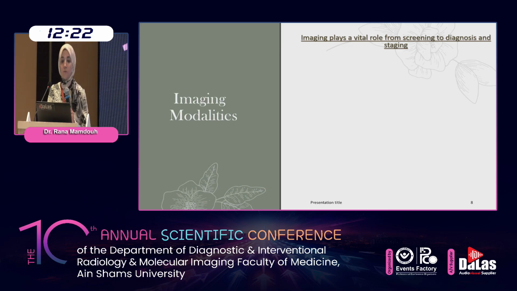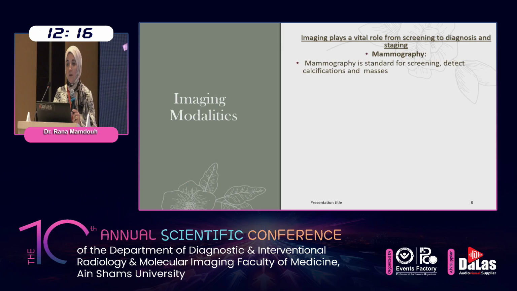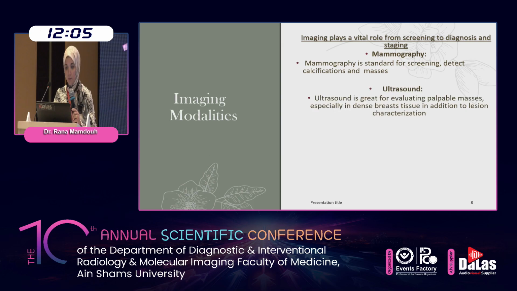Imaging modalities used: imaging plays a vital role in screening, diagnosis, staging, and treatment. Firstly, we start with mammography, which is standard for screening, mainly detection of calcification and shape of the mass. Ultrasound is of great value in evaluating palpable masses, especially in dense breast tissue, in addition to lesion characterization, as we'll discuss.